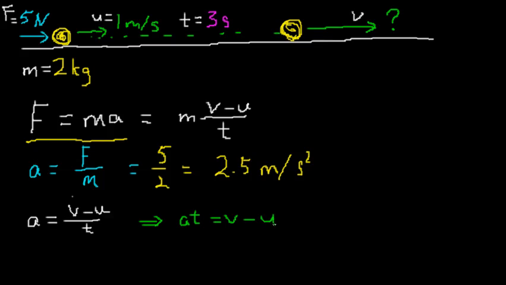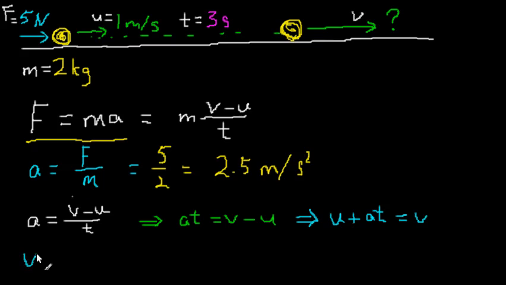I want to make v the subject, so just bring u over to the other side, or add u to both sides. This gives u plus at is equal to v. So now I have a formula for v that I can use.